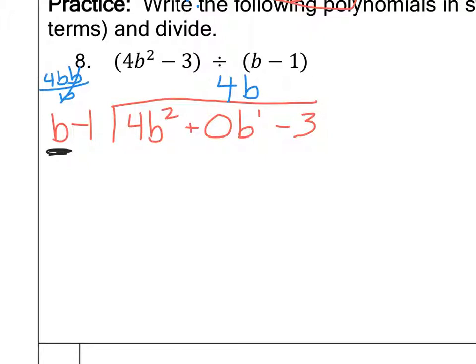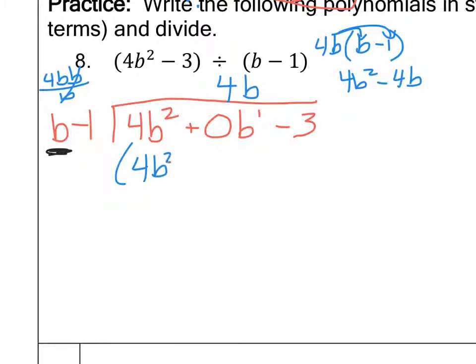So now I've got 4b. I've got to multiply it times b minus 1. So I'm going to do that way up here. Let's say 4b. I've got to multiply it times my b minus 1. This is a double rainbow. That gives me 4b squared minus 4b. That's what I'm going to put right here. 4b squared minus 4b.